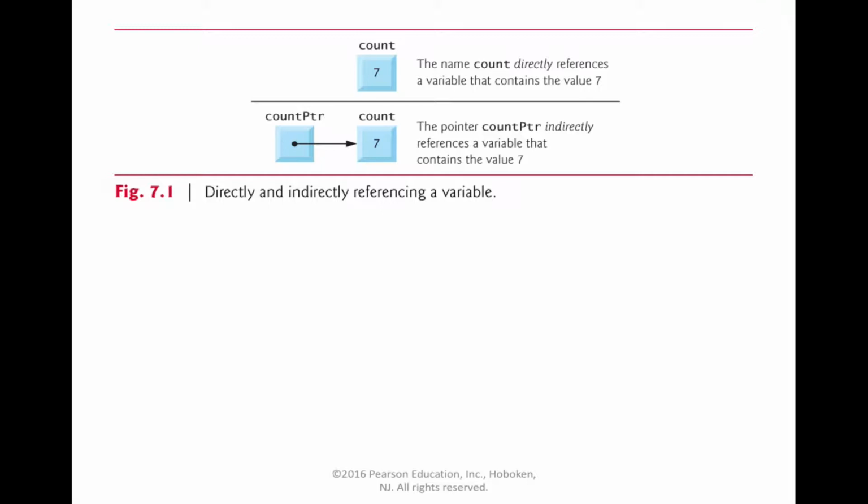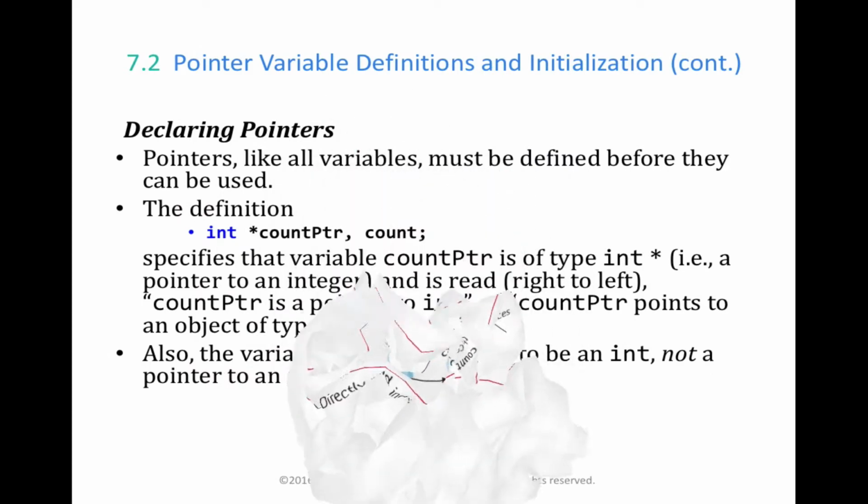So when we are using pointers, we actually have two things. We have the actual memory location with the value and the pointer variable that contains that memory address, rather than just having a variable that contains that value.